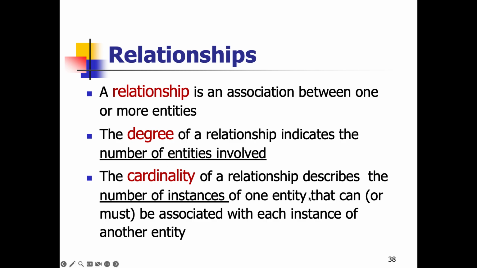The cardinality is the number of instances of one entity, for example a professor, that can be associated with each instance of another entity, like a course. Each professor can teach, for example, up to 5 courses.